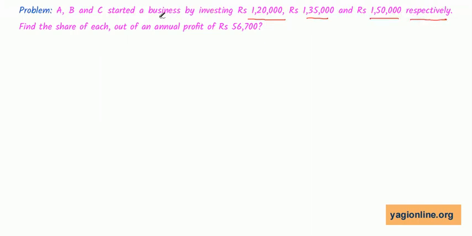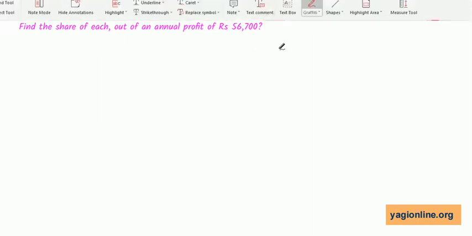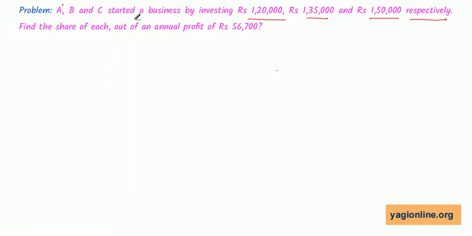Respectively means A invested 1,20,000, B invested 1,35,000 and C invested 1,50,000. Now the annual profit is rupees 56,700, and we have to find out the share of each partner, that is A, B and C.